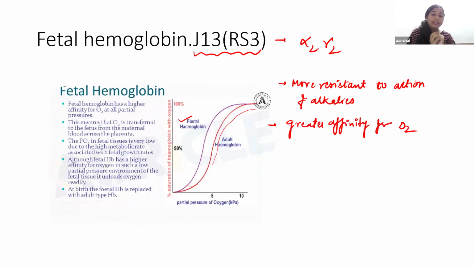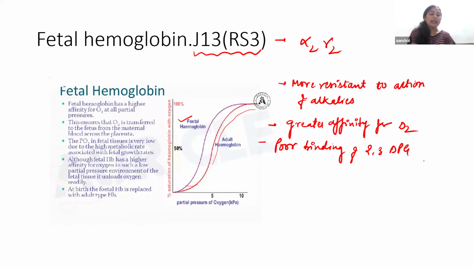Okay. And why does this occur? Because of poor binding of 2,3-DPG. Okay. So another thing is that it has poor binding of 2,3-DPG.